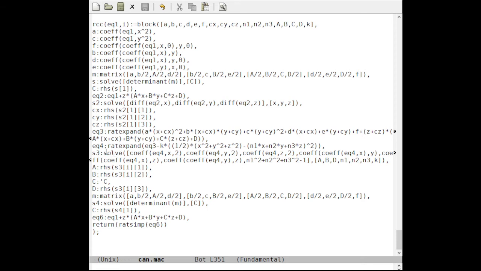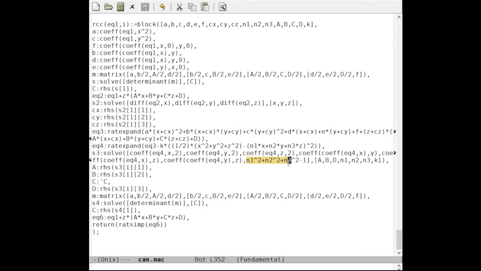So now the coefficients of the difference all need to be 0. This equation 4 is the difference. So we take x squared, y squared, z squared, xy, xz, yz.